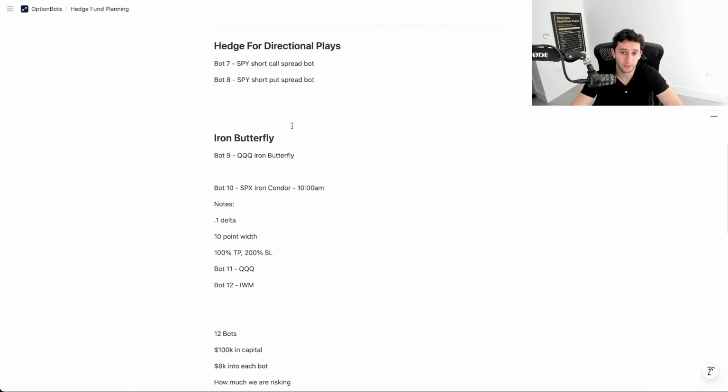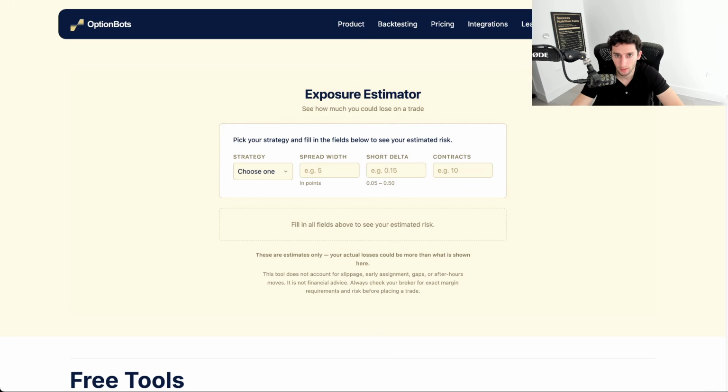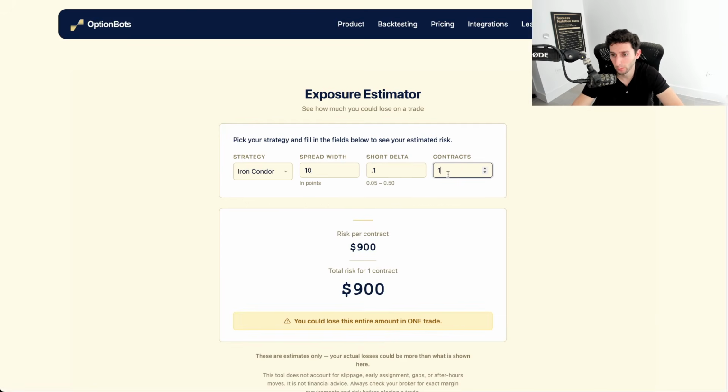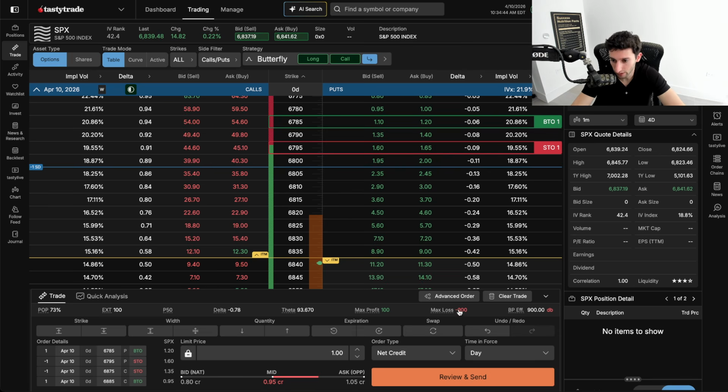And we look through it. For example, if we're looking at the SPX iron condor, the spread width is 10 points, short delta is 0.1. If we were doing one contract, it says the total risk per one contract is $900. If we go back to Tastytrade, that's very accurate. You can see right there, max loss is $900.